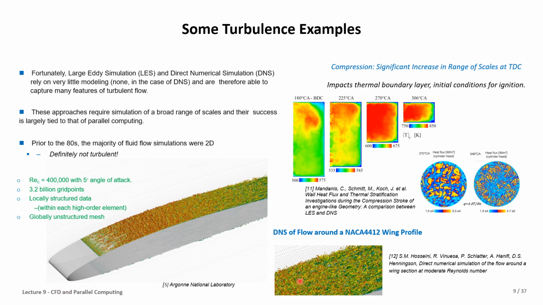If you want to look at the history of DNS, we can say the large eddy simulation and direct numerical simulation rely on very little modeling, and therefore they are able to capture many features of turbulent flow. These approaches require simulation of a broad range of scales, and their success is largely tied to parallel computing.